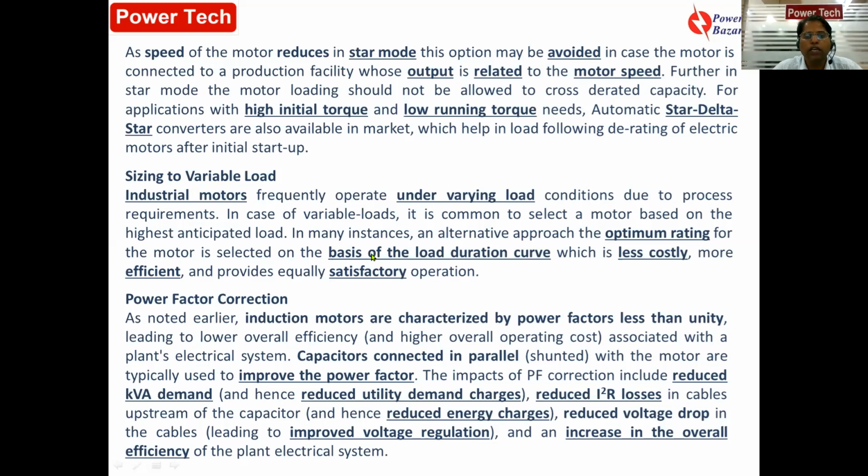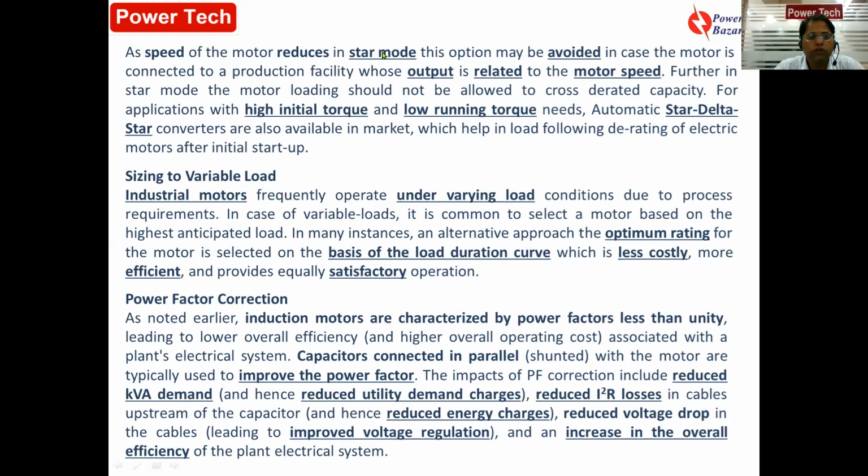So there is no point in choosing that highest size for that particular motor. So based on the load duration curve, we can optimize the motor sizing. That means it will cater to the optimal loading of the load end, and this choice will be less costly, more efficient, and also will provide equally satisfactory operations.